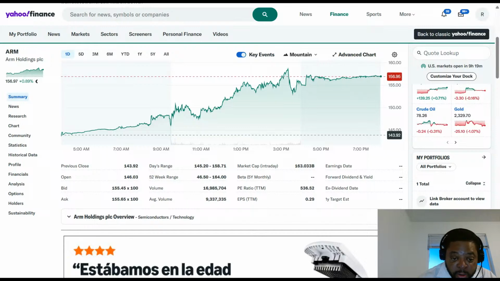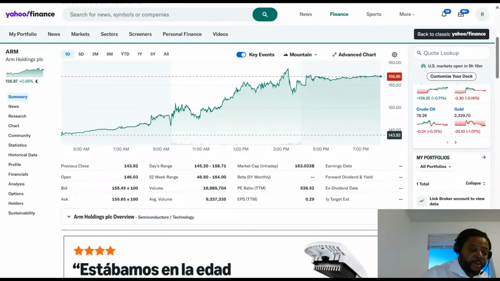Okay. So here we're going to go to 52-week range, like we say. As I covered already, within the 52 weeks, which is a year, this stock has ranged from $46.50 to $164. That's a large percentage.